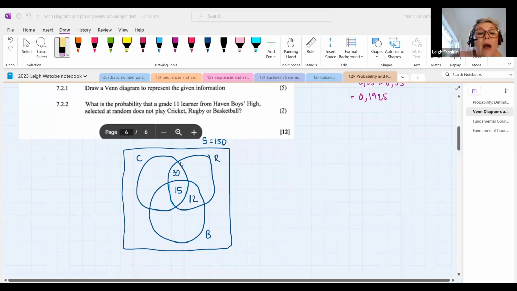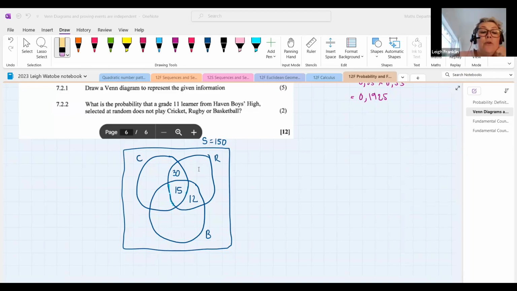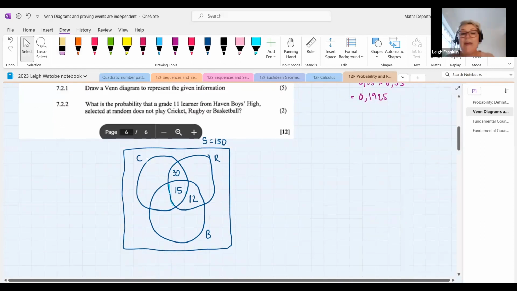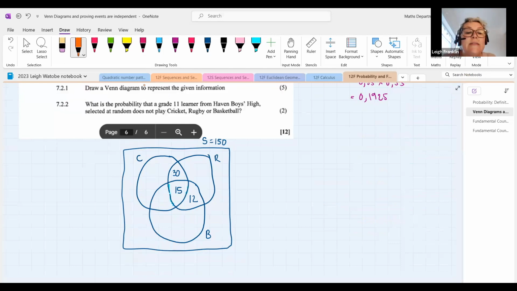If we knew how many people played rugby in total, we could fill in the space that I'd highlighted in yellow earlier and write down the number of people that play rugby only. So now we're going to go up here. We can see that there are 90 people that play rugby. Okay, so oopsie, I'm scratching that out. There are 90 people that play rugby. So that is everybody inside the rugby circle.